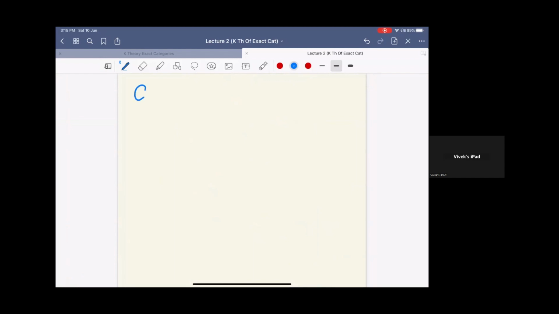Grayson's algebraic description of K groups.